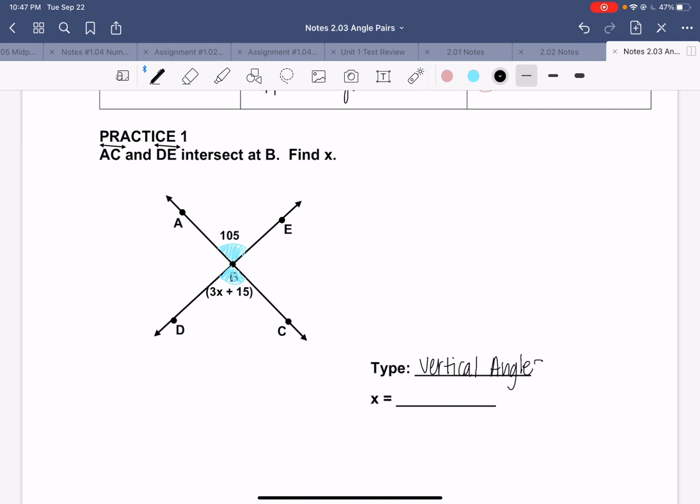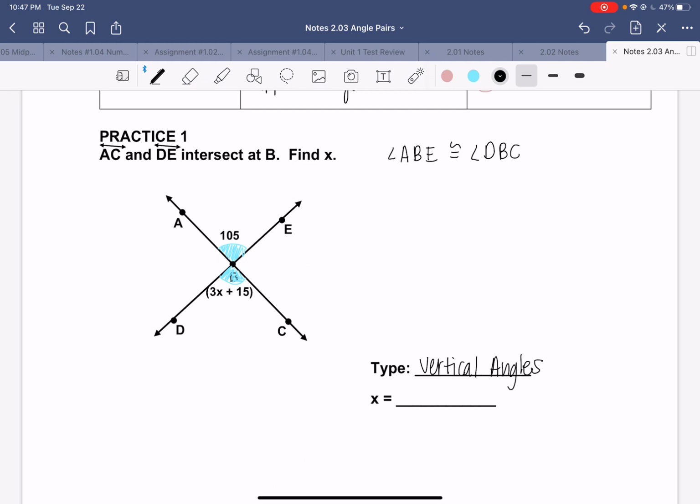If they are vertical, that means that angle ABE is congruent to angle DBC. Because they are congruent, we can set them equal to each other.